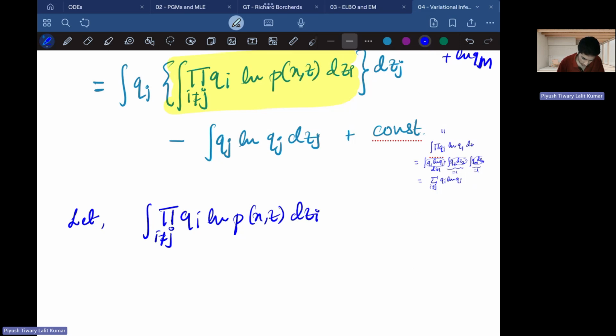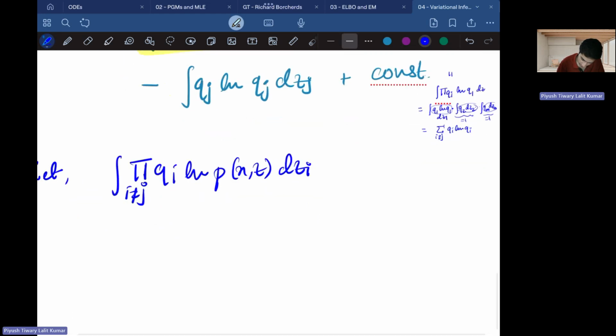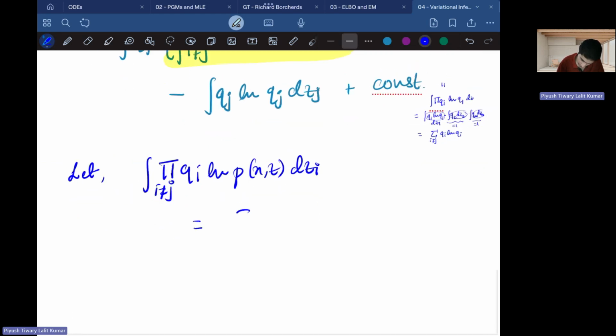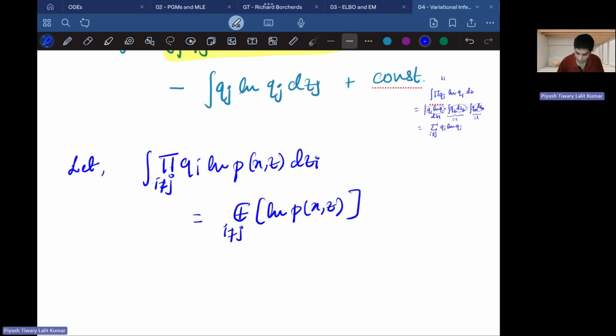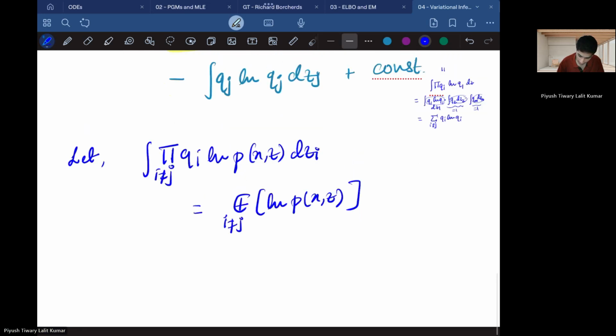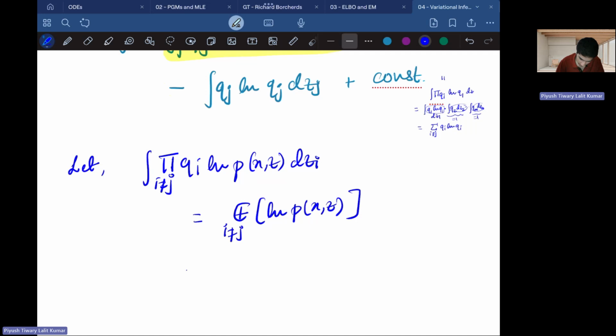This thing we will call as... so this is basically your expectation, right? This is your expectation under i not equal to j of log of p of x comma z. That is what this is, just by the definition of expectation. And we will call this thing ln of p tilde of x comma z_j.